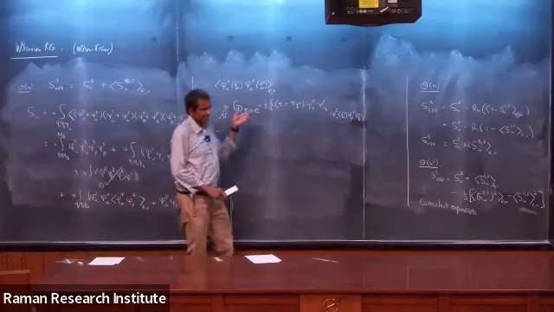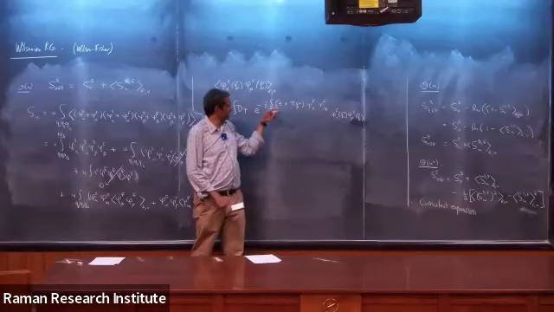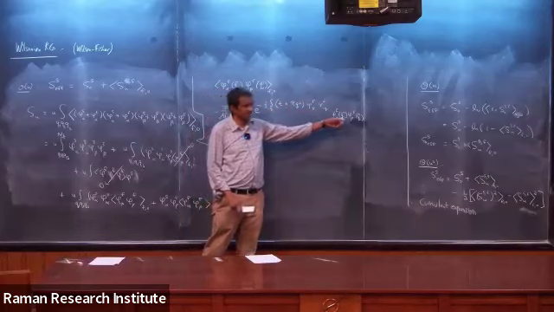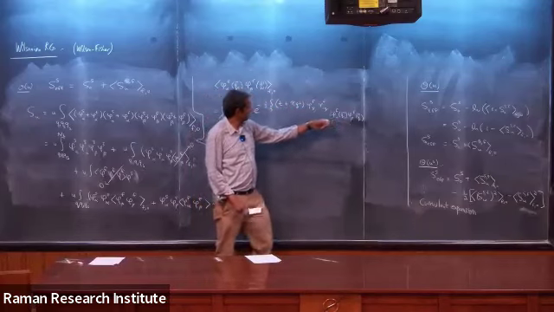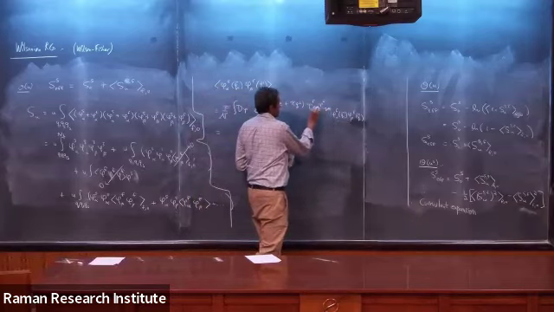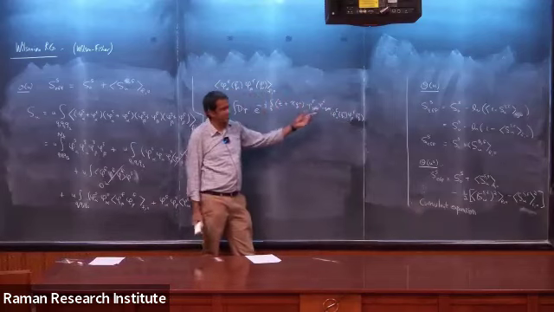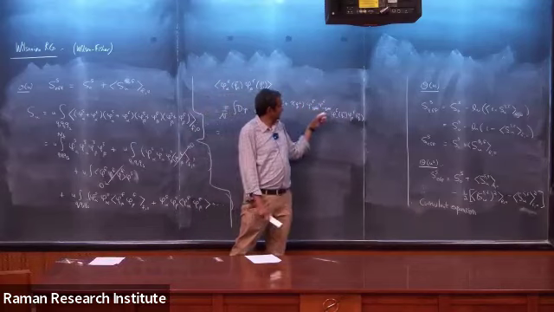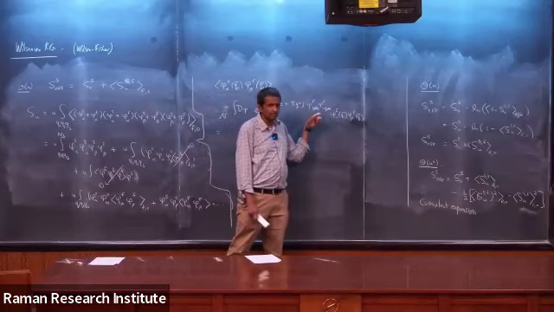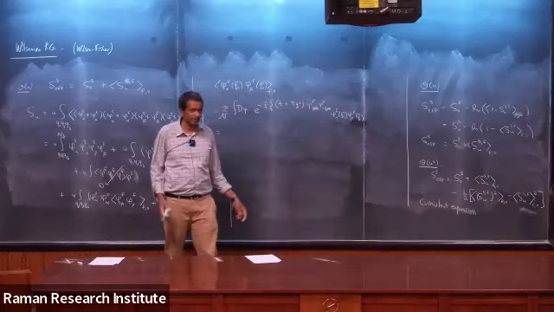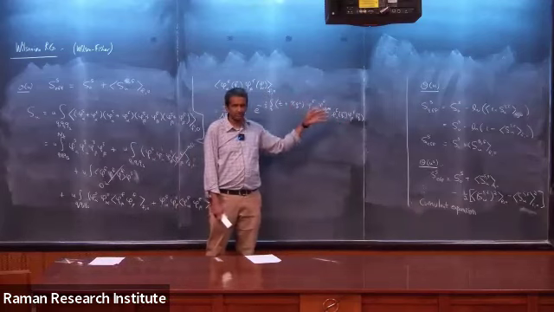I'm going to write the answer, but you can guess that this is like e to the minus some alpha by 2 times x square. I'm going to calculate something like this. Then you see that, sorry, this is mu, right? This is some dummy index that I'm summing over, but it's the same index here. You see that for quantities like this, for every mu, I can independently change its sign for every component, and this Gaussian is unaffected.